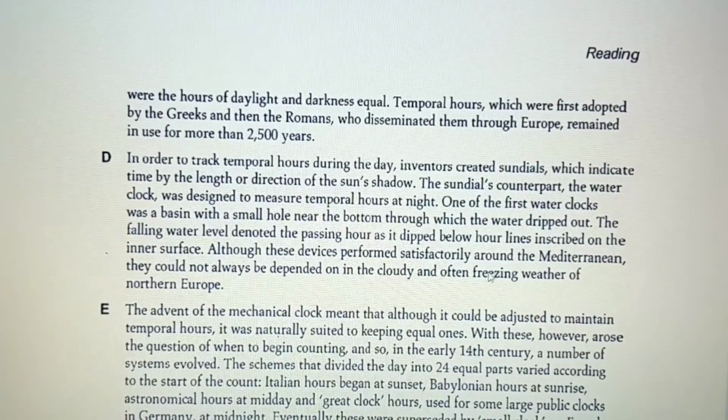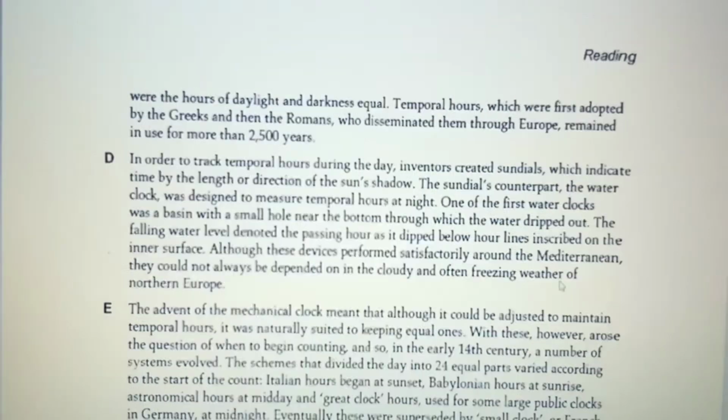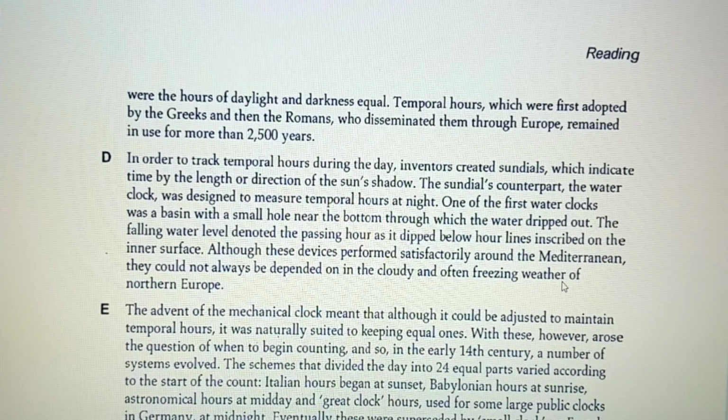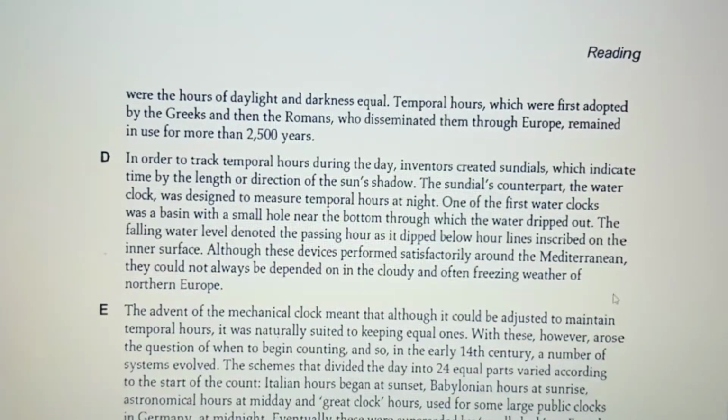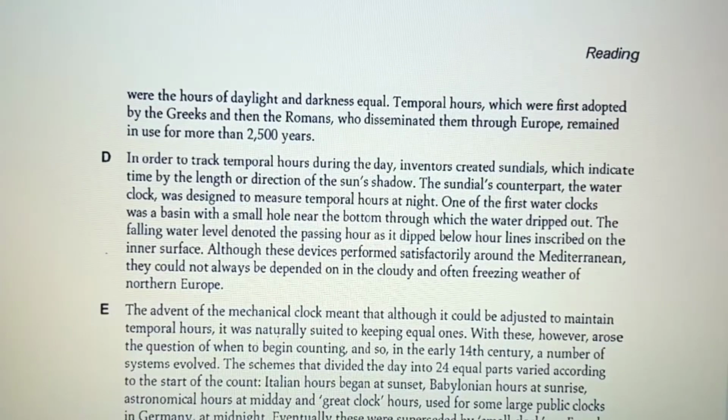Look here, guys: 'often freezing weather'. That's paraphrasing, synonyms. You will never see 'cold temperature' here, but we know that freezing weather talks about cold temperature. That gives us the answer to question 1 to be D. Just trying to make this video as short as I can.